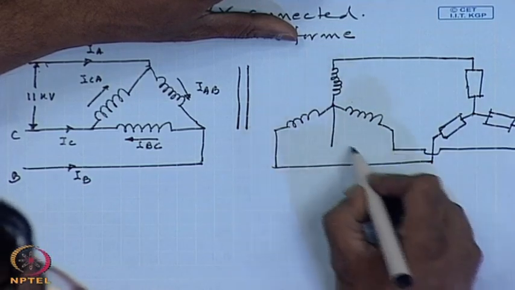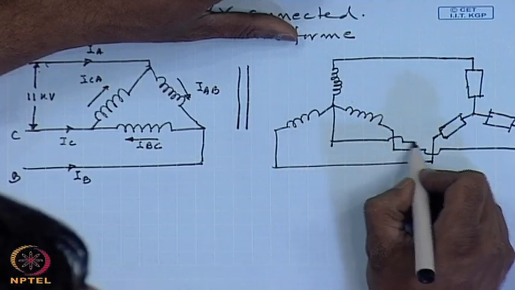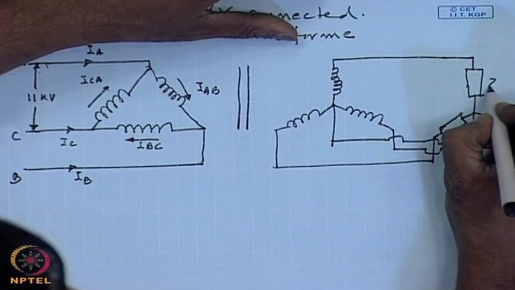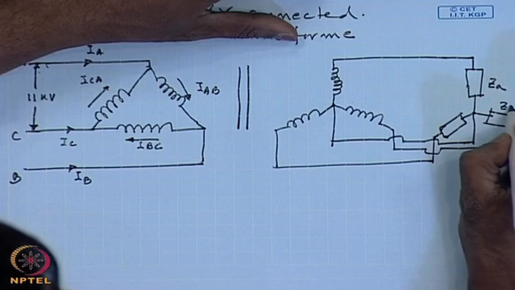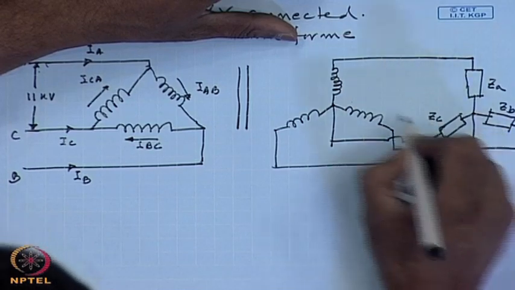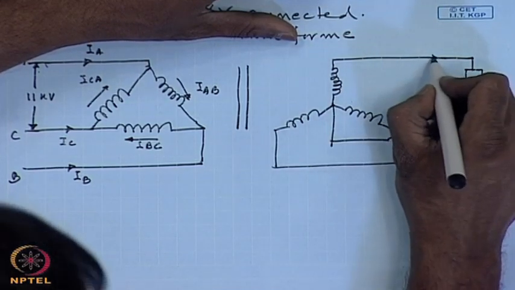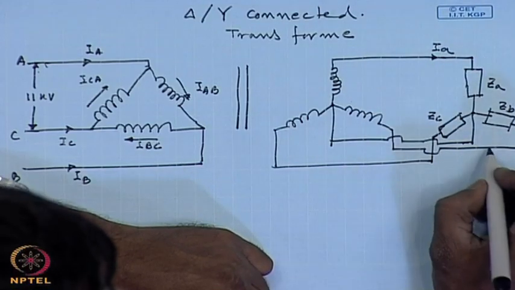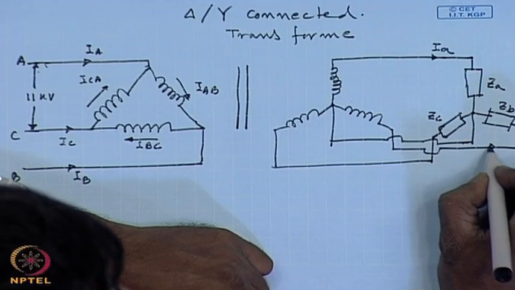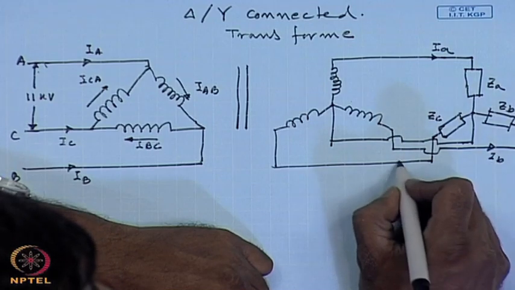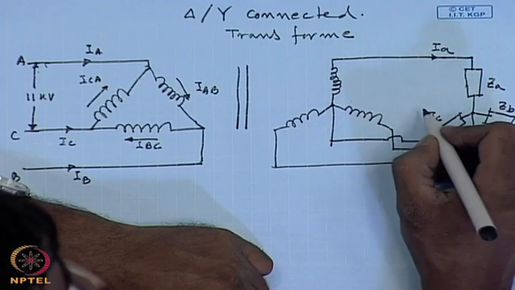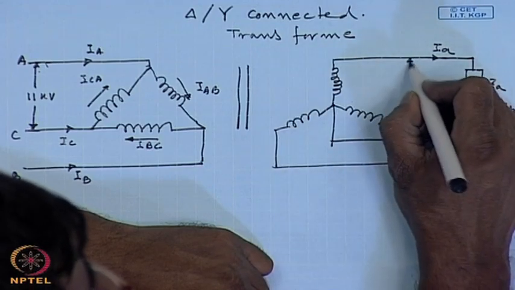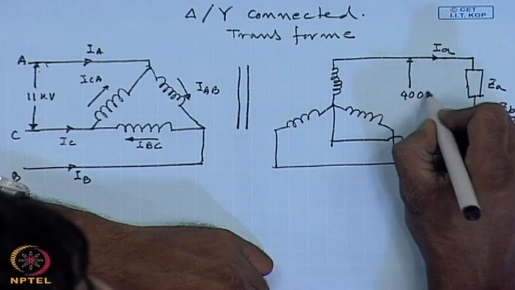And this neutral is now connected to the load neutral. So, this is ZA, this is ZB, this is ZC, this is the line current IA, this is the line current IB and this is the line current IC, and the voltage between two lines here is 400 volts.